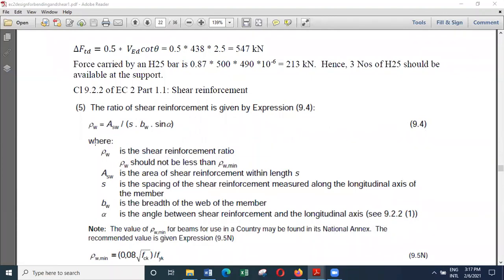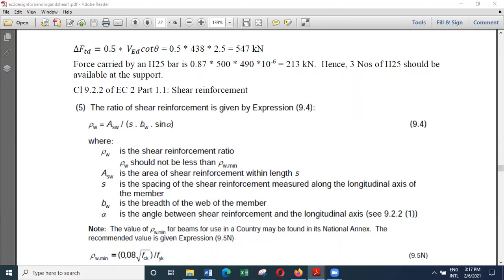If you have a spacing S and a link area of ASW, then the shear reinforcement ratio is given by this. For that ratio, the minimum value is given by this equation.